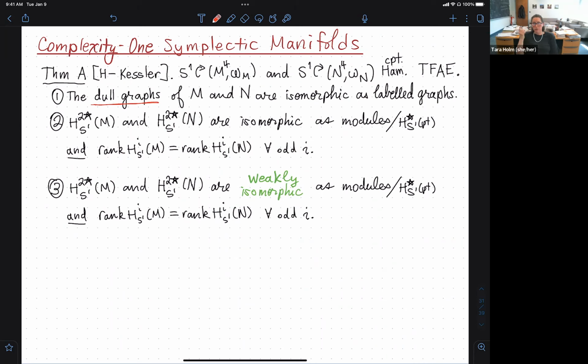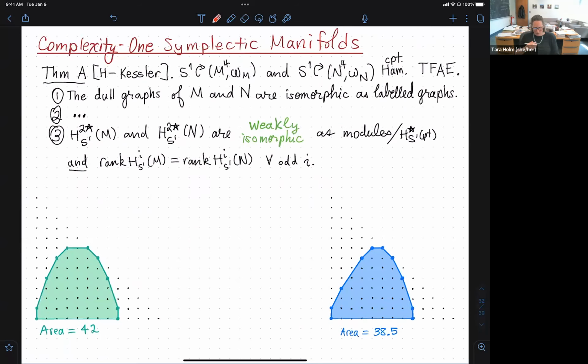If we have two of these actions, then the dull graphs are isomorphic as labeled graphs if and only if the equivariant cohomology rings, here I'm looking at the even part, are isomorphic, and the odd dimensional ranks are the same. So the odd dimensional part doesn't play an essential role. And this is also equivalent to a weak isomorphism. So it turns out that we classify precisely what isomorphisms of the cohomology ring are allowed that will not be detected by this dull graph.